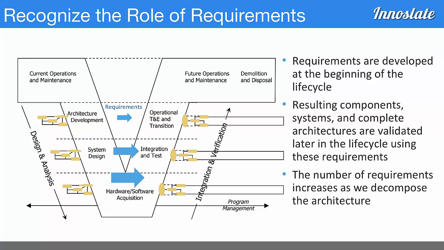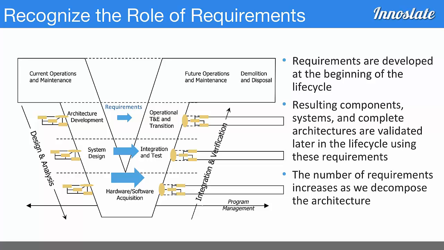From that, you can have a pretty solid basis to start deriving your system design. And of course, as you go out through the system designs, you start to get more requirements. Then as you go down into actual hardware and software acquisition, you're building even more requirements. As you come up the life cycle V, you see that you're testing against those requirements.